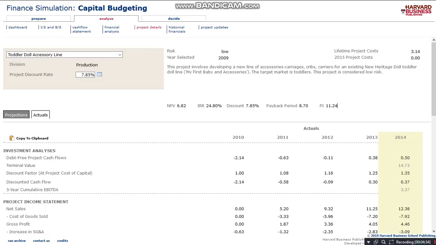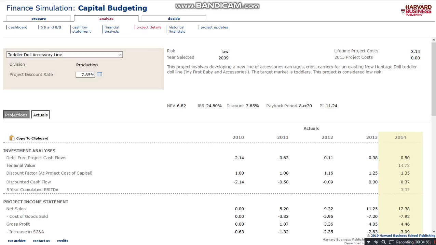And I might consider payback period. However, a lower payback period doesn't necessarily mean the project is better than the other. So I will take a look at that, but I would not base my consideration just on payback period.